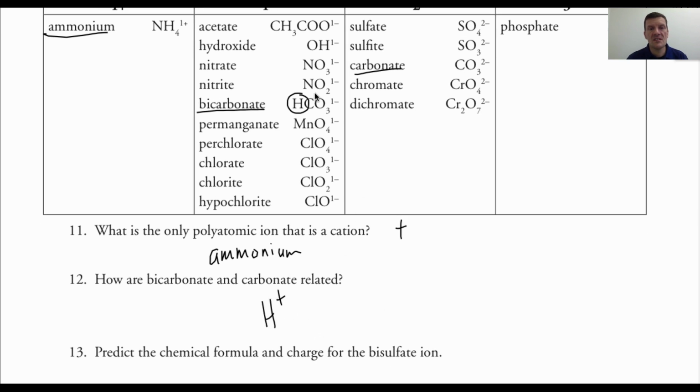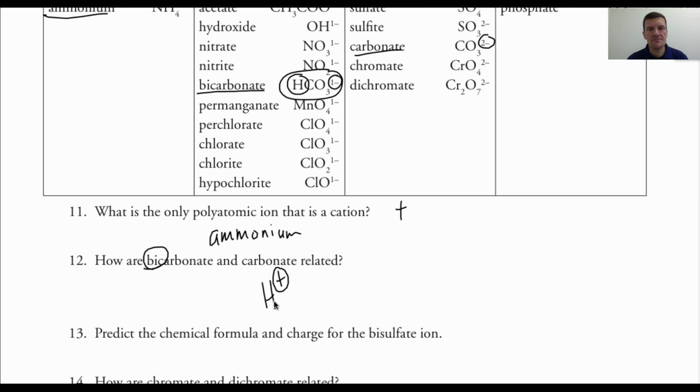So notice that this bicarbonate has a charge that is 1 greater than this carbonate, because that H there brings in a plus as its ion charge. So it's bringing in an extra proton. H plus is basically just a proton. That's what it is. It's a hydrogen atom without its electron, and there's just one single proton in there. So the bi there is indicating that you've got the H plus.